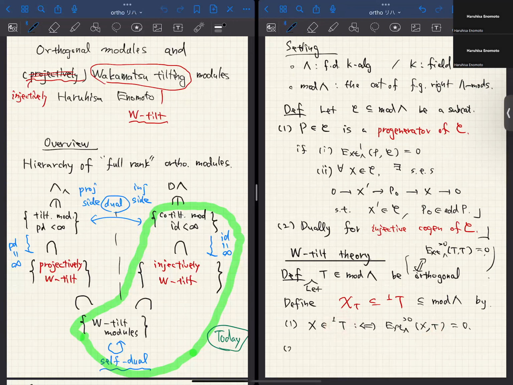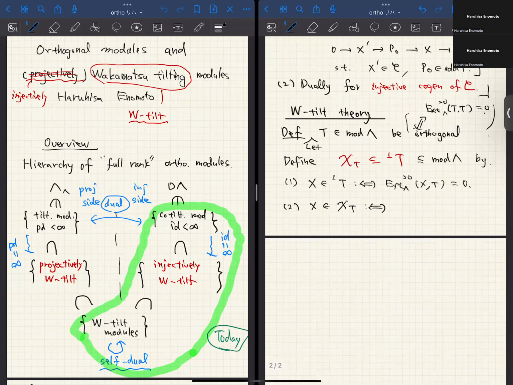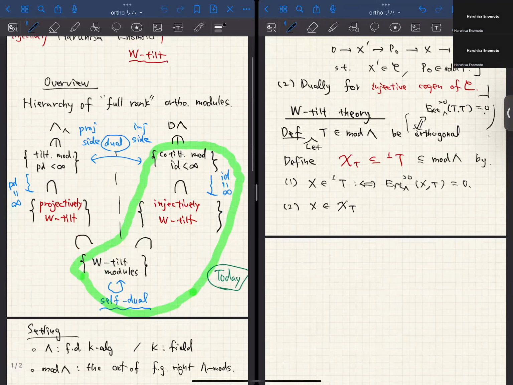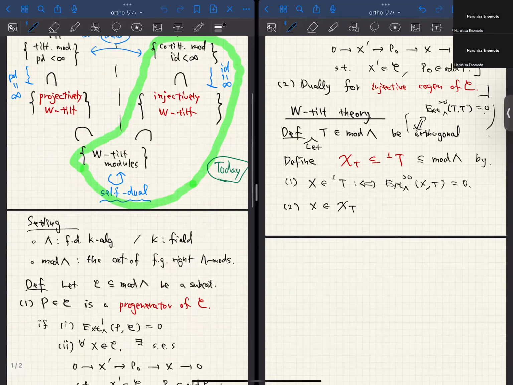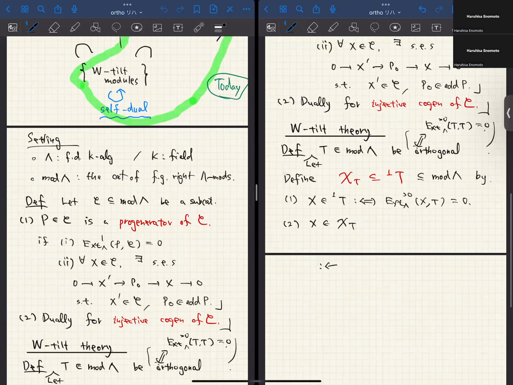And similarly for X_T, but this is a stronger condition. So X belongs to X_T if there are some conditions. I will write in the next page.